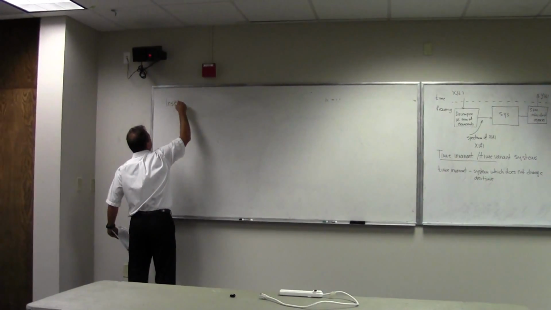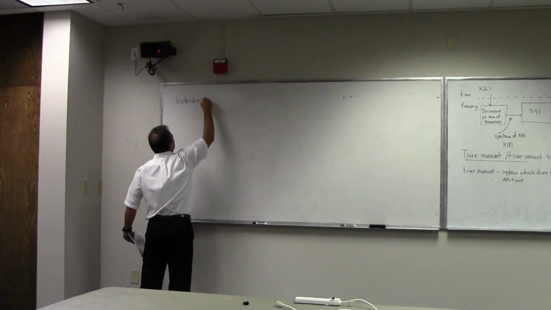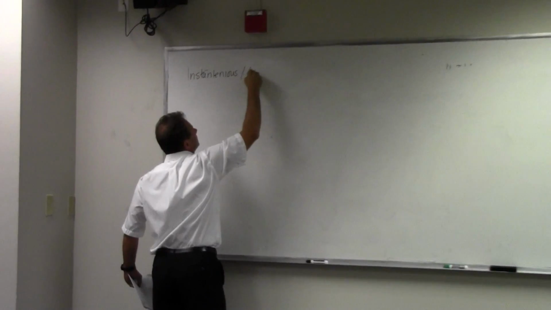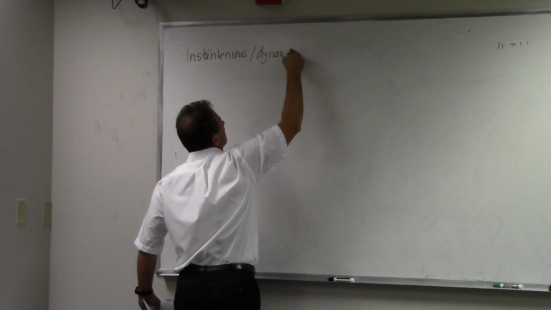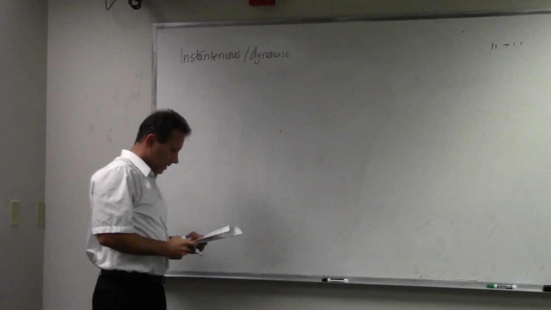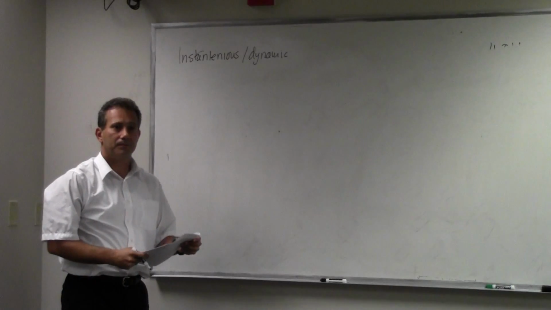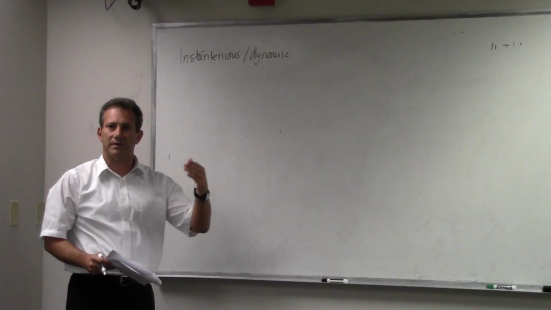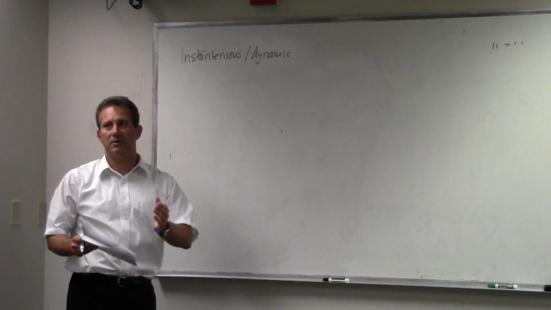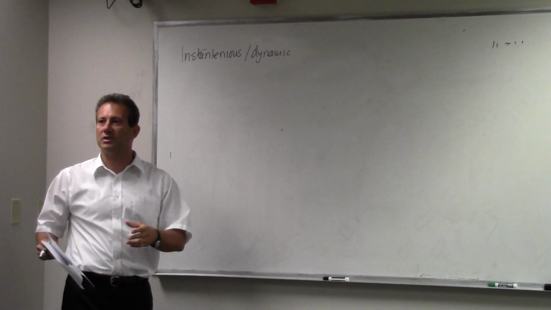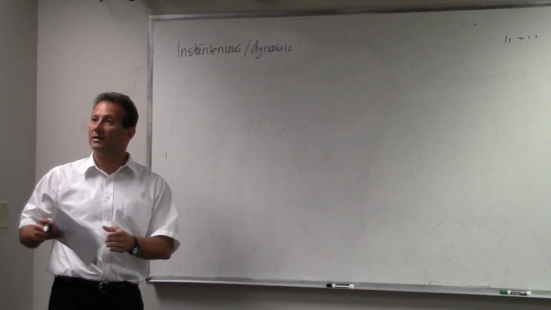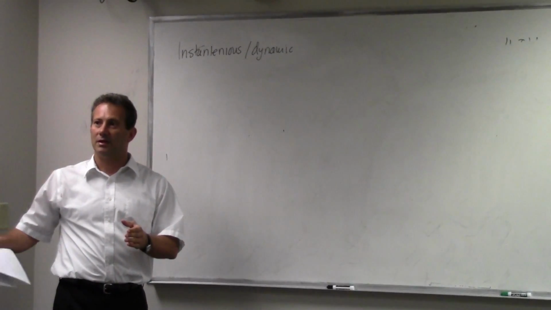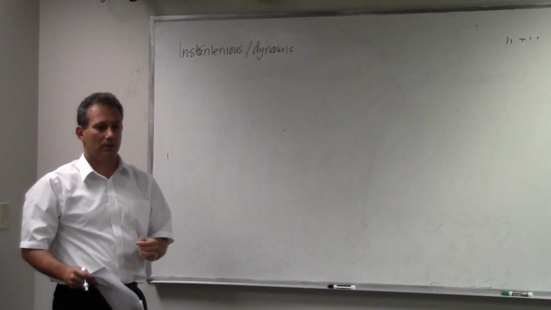Instantaneous versus dynamic. Now, generally speaking, the output of the system at the time t will depend on an input to the system at the time t and the past, right?